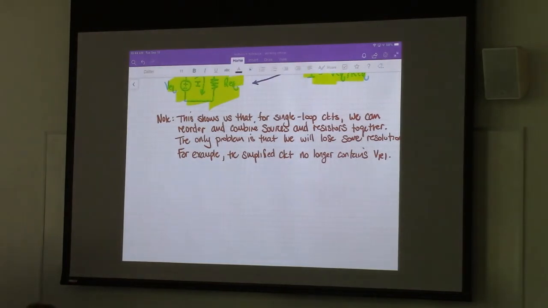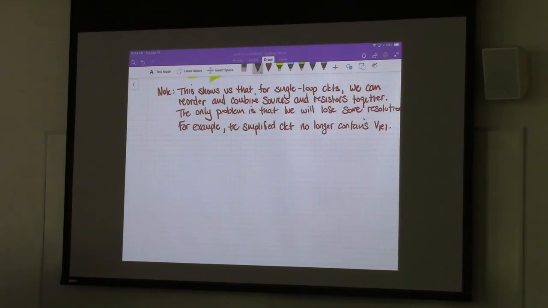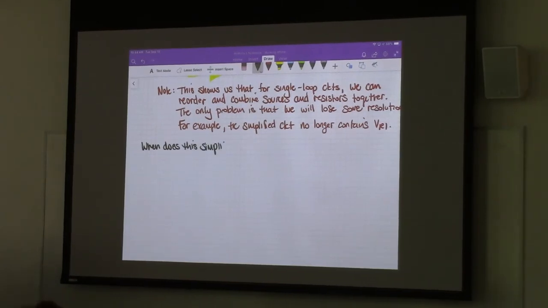Now, note that I said that that works for single loop circuits. So let's say you have a circuit that looks like this.